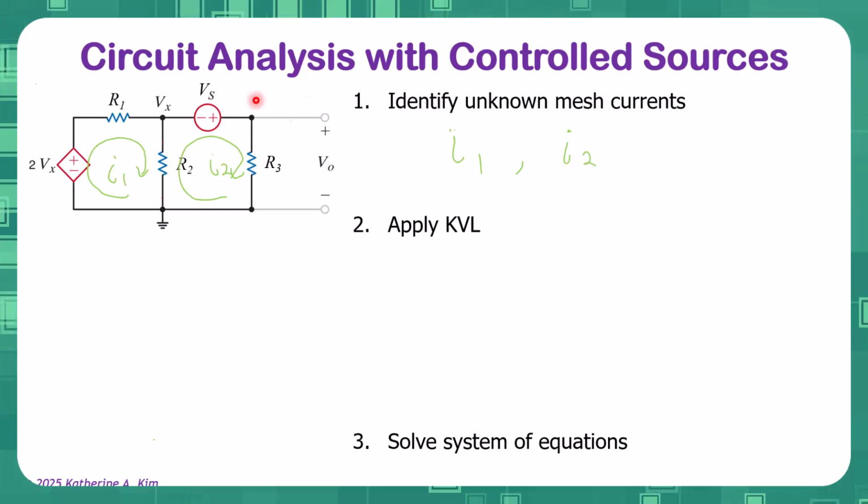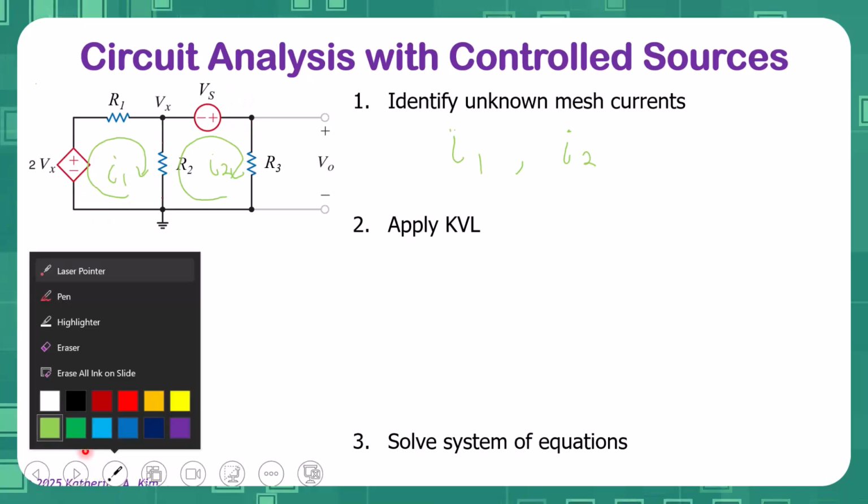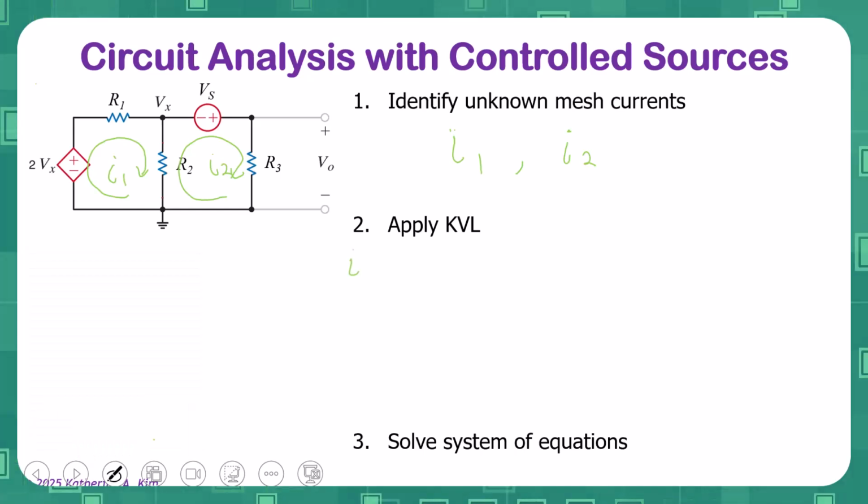Okay, so now we would apply Kirchhoff's voltage law around each of the loops. And so let's write that out. First we'll start with I1. And remember, we're going to be going in the loop. So we're starting at the bottom.